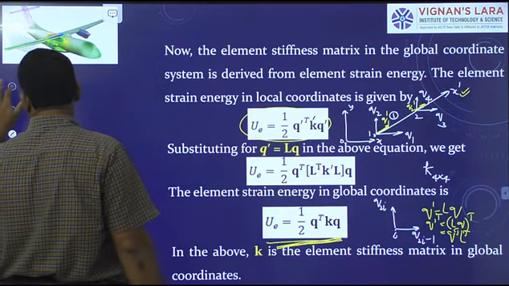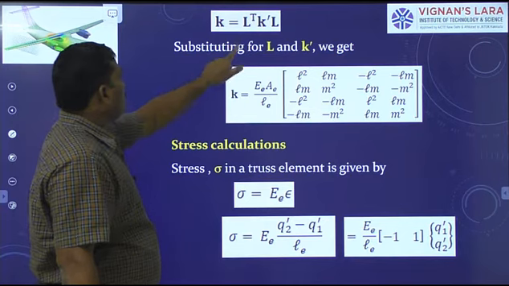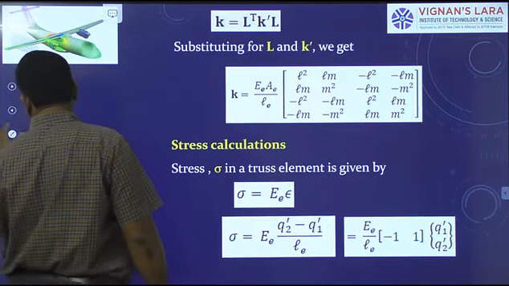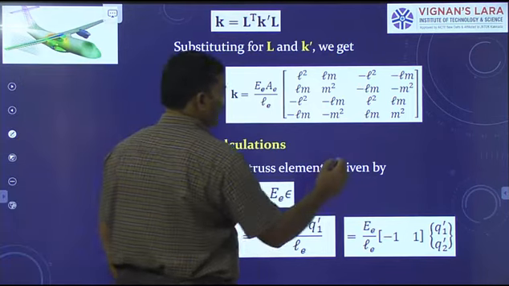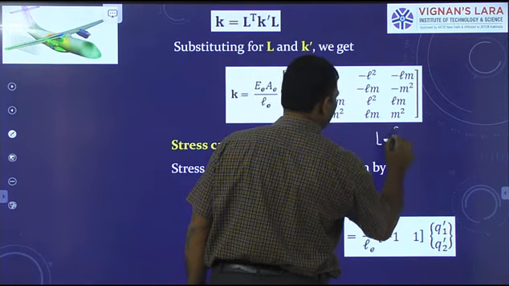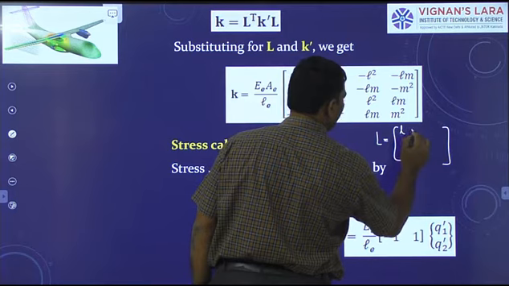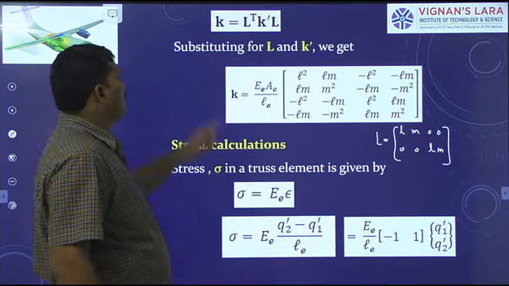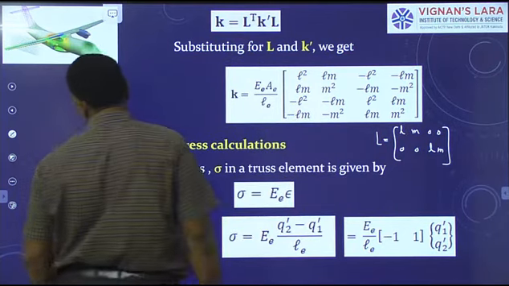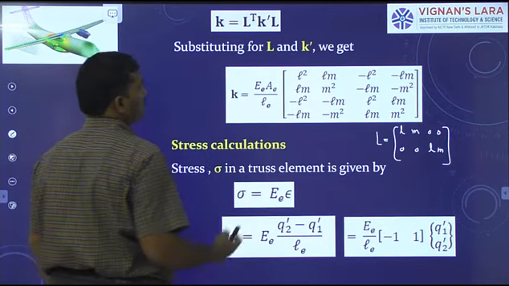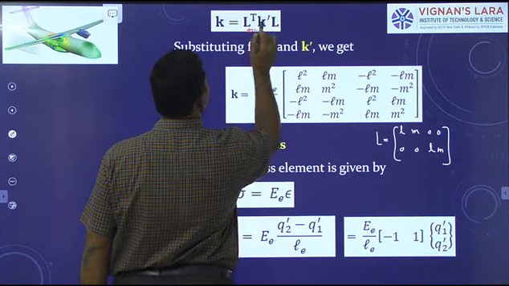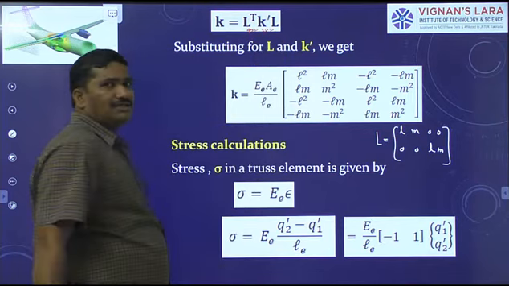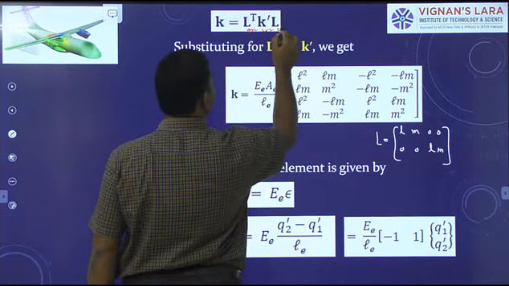That we see here: K equals L transpose K dash L. In fact, L is a transformation matrix of size 2 by 4 with elements L, M, 0, 0, 0, 0, L, M. Now, the size of L transpose is 4 by 2, the size of K dash is 2 by 2, and the size of L is 2 by 4.